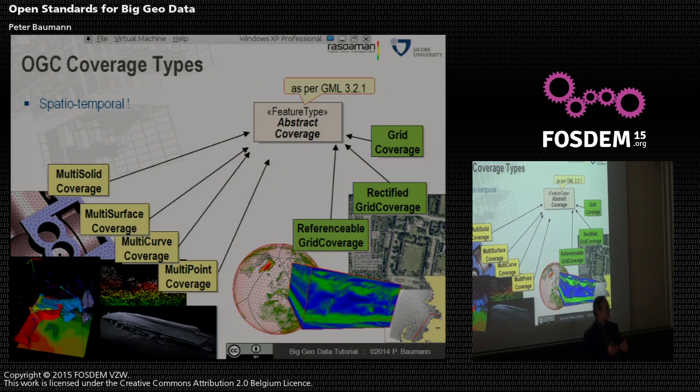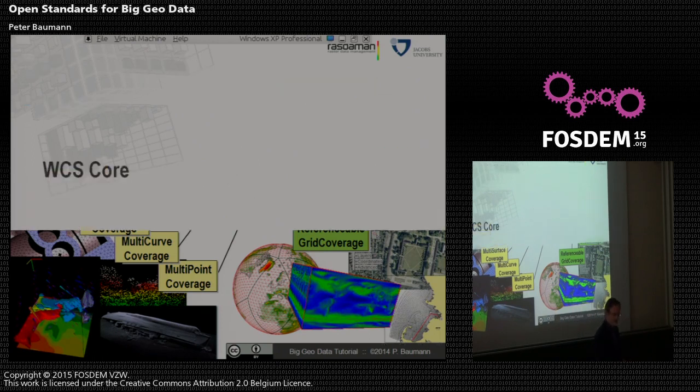And the other world doesn't stop. We have point clouds called multi-point coverages, trajectories, surfaces, and solid bundles, and all of that. This is where we close actually the gap to geometric modeling, like CityGML and things like that. So this is not for reinventing the wheel, but for getting a connection, let us say, into these.